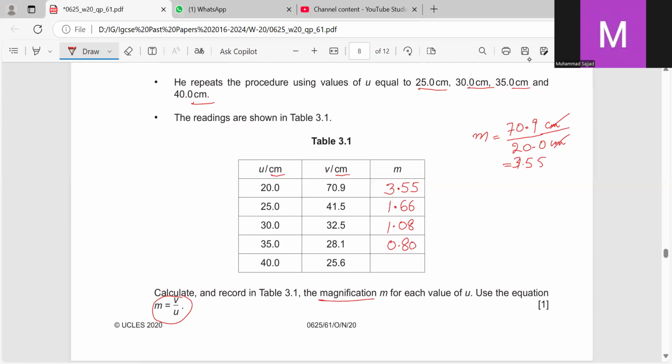And finally 25.6 divided by 40, and we are getting 0.64. Now magnification is the ratio between two of the same quantities, meaning both are lengths, so that's why the units are cancelled out and no unit is there.